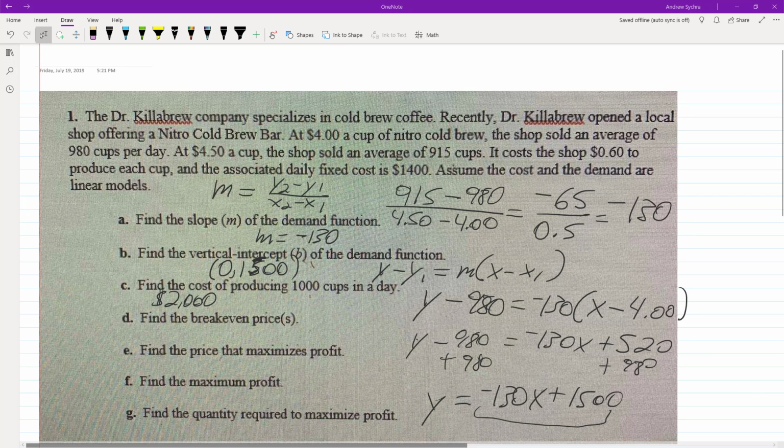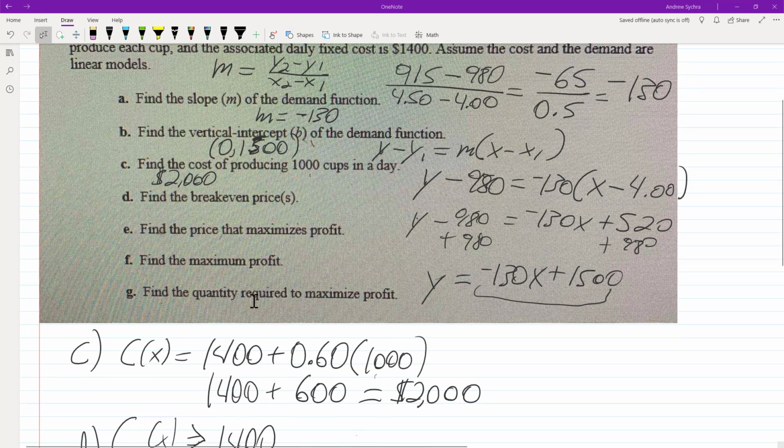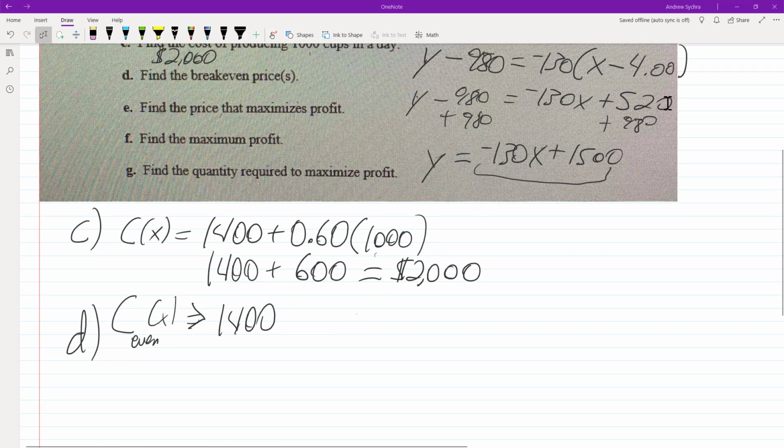To do that, we have our original equation. So break-even. What we're actually going to do is we have our variable amount of how many cups we sell, which is negative 130x plus 1500.